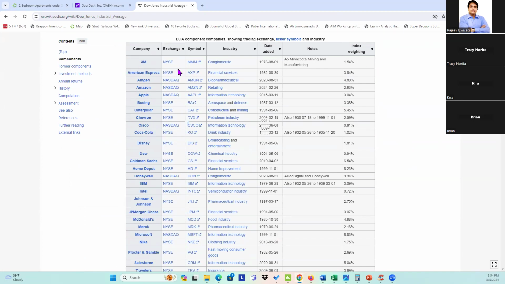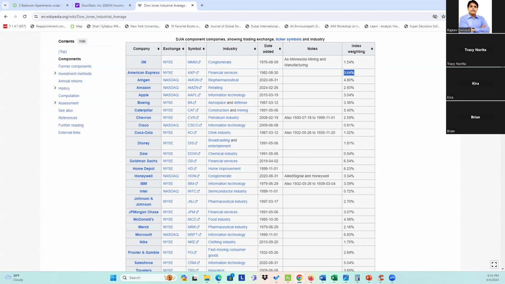For example, 3M is 1.454, American Express is 3.64, and you can see Caterpillar, Dow.